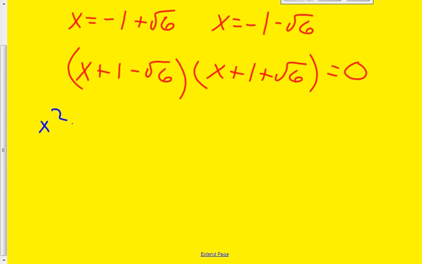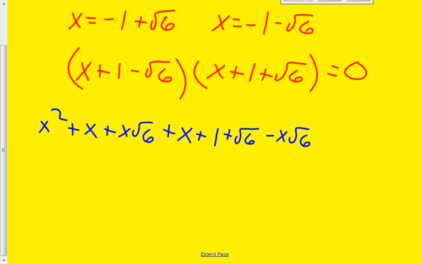X squared plus an x plus x square root 6 plus 1 times x is x, 1 times 1 is 1, 1 times square root 6 is square root 6, minus x square root 6 minus square root 6. A negative times a positive is a negative. Square root 6 times square root 6 is 6. X square root 6 and a negative x square root 6, gone.